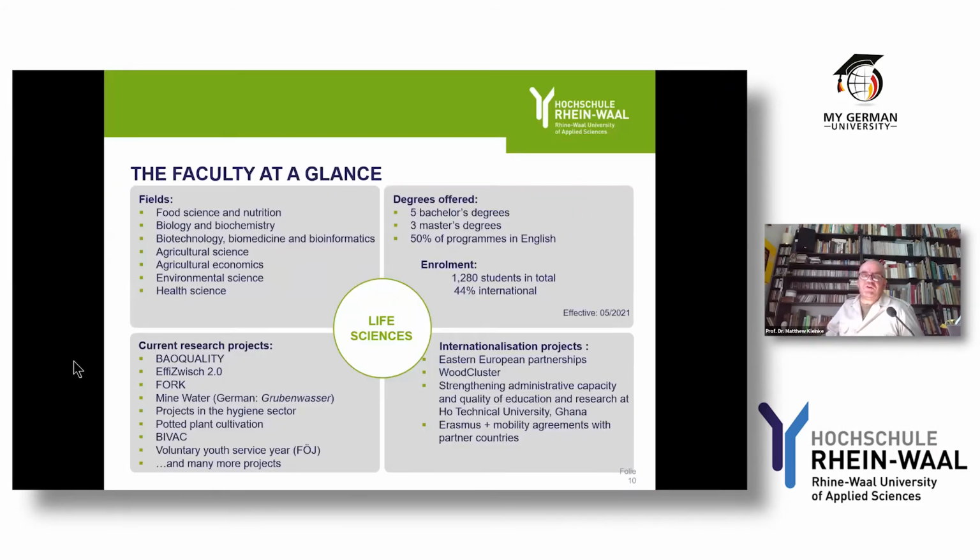To give you a short overview, at the Faculty of Life Sciences, we have a wide range of different subjects and study courses available. The agricultural science and agricultural economics study courses I would like to introduce to you are one major part there, but we also have studies in food sciences, biology and biochemistry, biotechnology, environmental science, and health science.